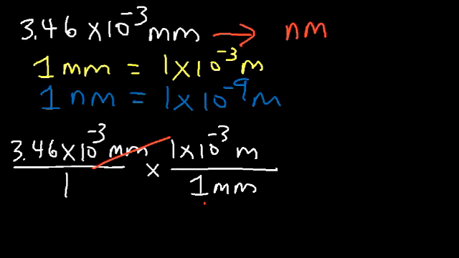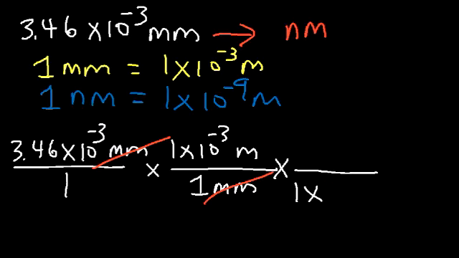So the units millimeters cancel. And now let's convert meters into nanometers. For every 1 times 10 to the negative 9 meters, there's 1 nanometer. And so here's the 1 nanometer, we put it here, and this part went on the bottom. And so the units meters cancel.